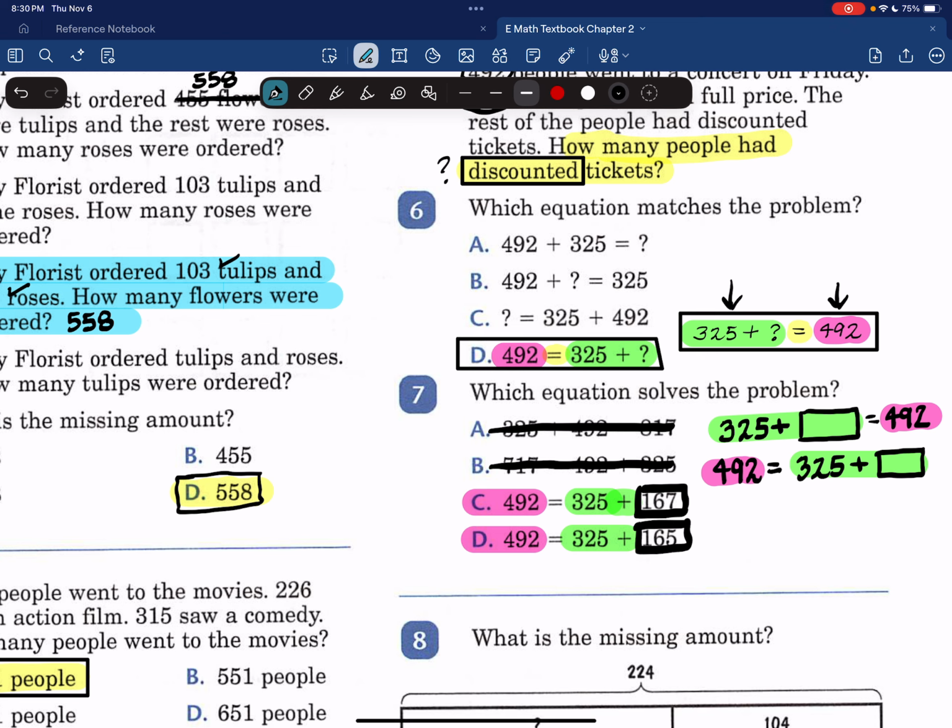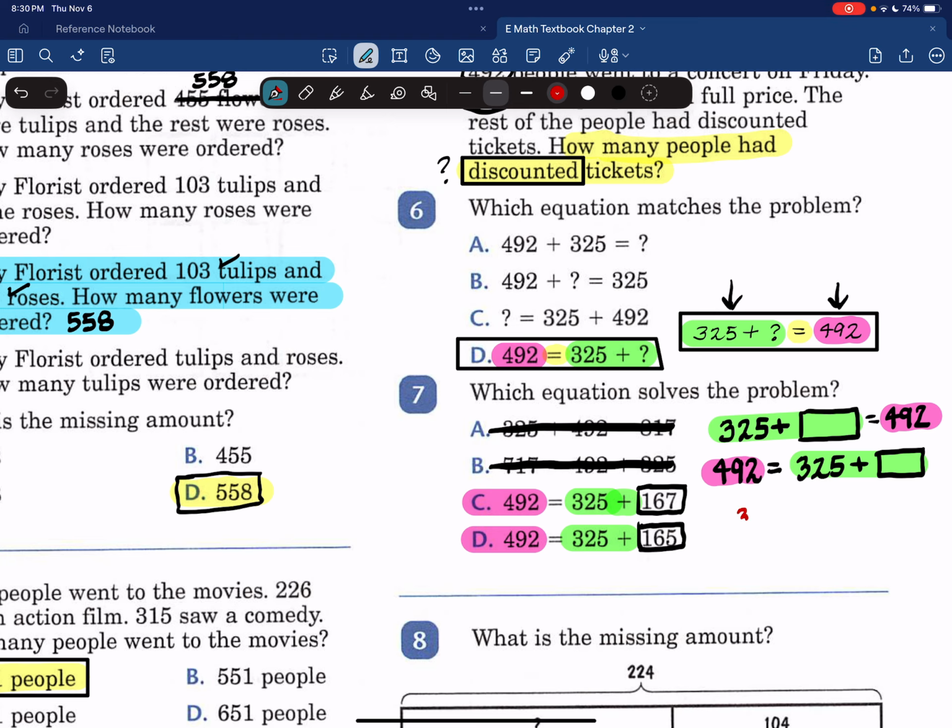Which of those is the one I'm looking for? And if this problem is confusing to you, it's okay. It's a hard problem. So what we need to do, I'm going to change colors for C.